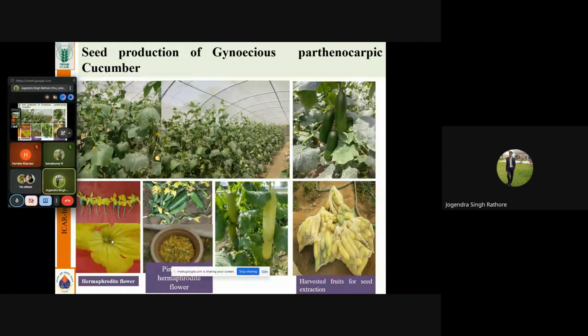Mixed stage means that male and female flowers start appearing simultaneously on the same plant. So you can use those male flowers to pollinate the same plant, that is for self pollination, or you can also use that male flower for crossing or sibbing, whatever may be your purpose.